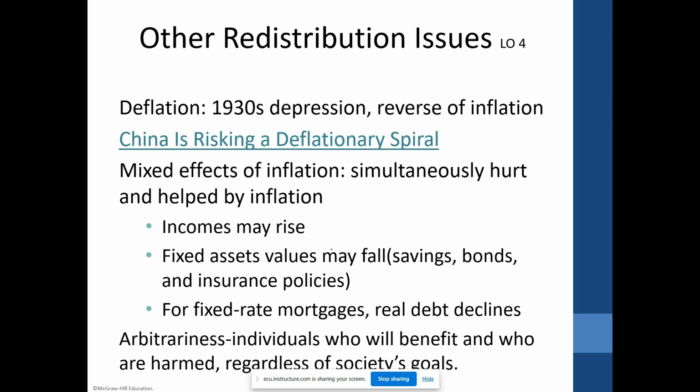In other videos, we also mentioned the deflation China experienced after COVID-19. Effects of inflation are arbitrary in terms of individuals who will benefit and individuals who will be harmed, regardless of a society's goal.